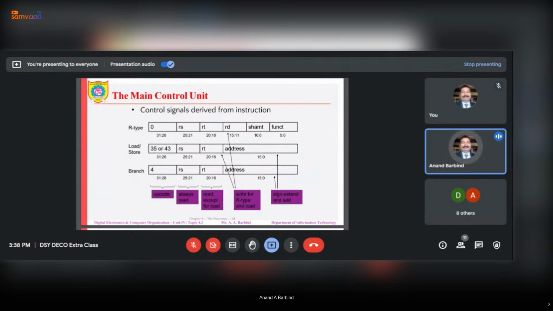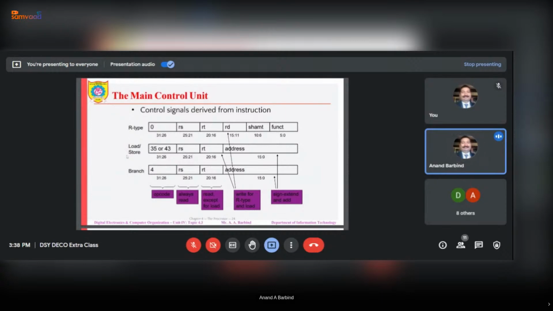That will be added to the base address. The RS register will indicate the base address of the memory, and to that address this offset address will be added. The contents of registers are 32 bits, so the 32-bit base address will be added with this 16-bit offset, and the address of the data memory is calculated.